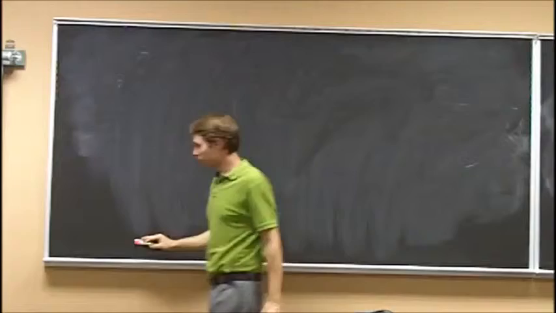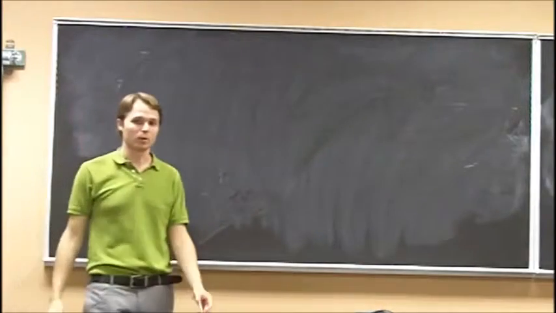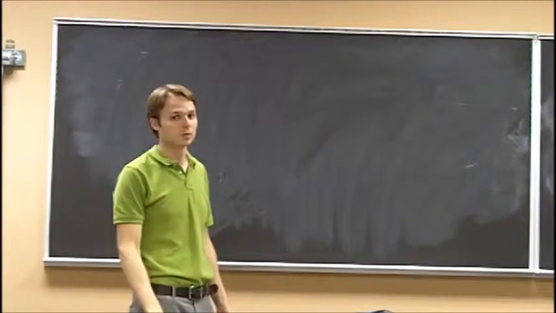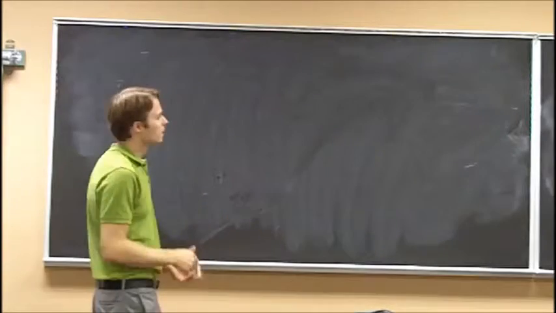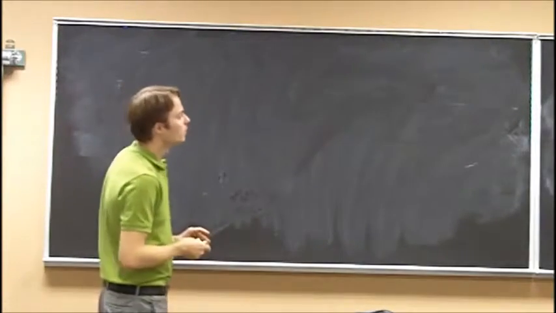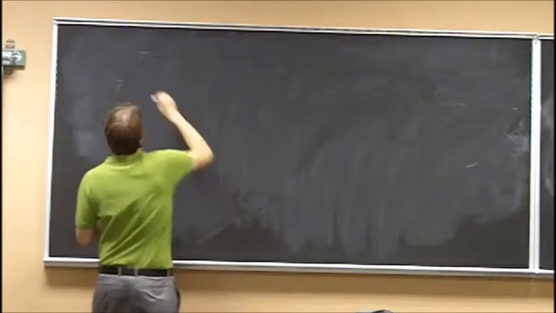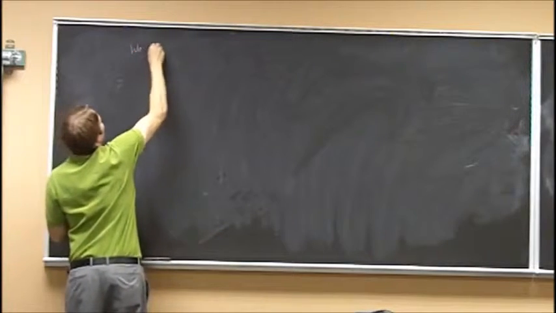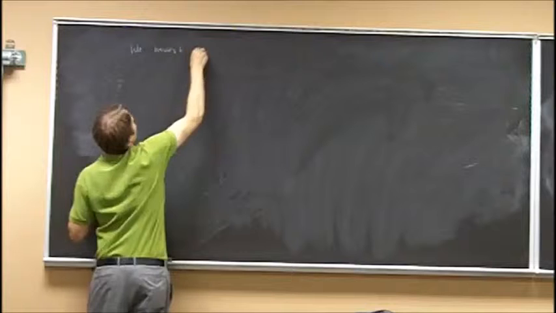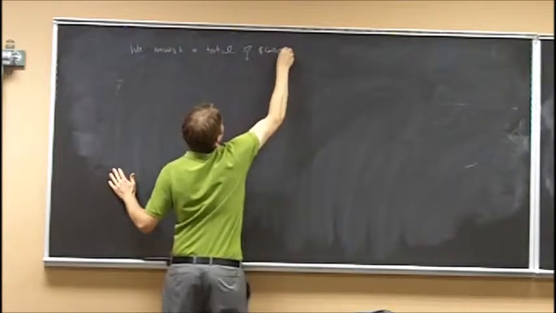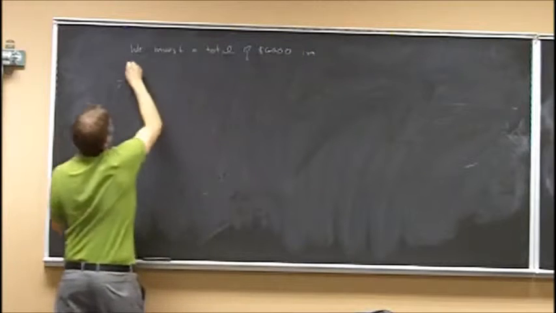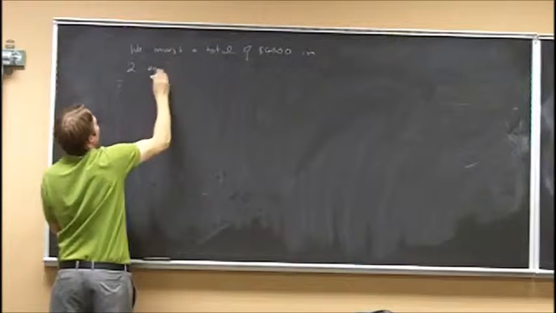So another problem that's very similar to what you have in your homework is a problem that deals with interest rates. And I did one like this in class, but this will give you another example. So let's say that we invest a total of $6,000 in 2 accounts.